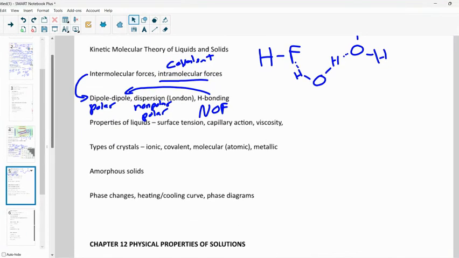Dispersion forces. How do we quantify dispersion forces? Like, how do we know if something's going to have strong dispersion forces or weak dispersion forces? Number of electrons. And the perfect example is the halogens. All of them are nonpolar, right? They're diatomic, nonpolar molecules. So the only thing they have is dispersion forces.